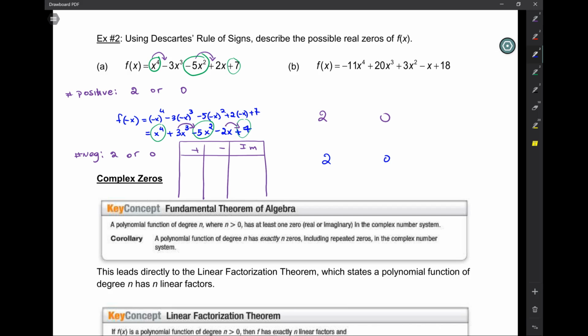All right, and take all of the possibilities. So we match this one. So we have 2. Okay, here's how I do it. Imagine this is team A and this is team B, and this is a competition. Each person in team A has to face off with each person in team B. So 2 with 2, 2 with 0. And then 0 with 2, 0 with 0.